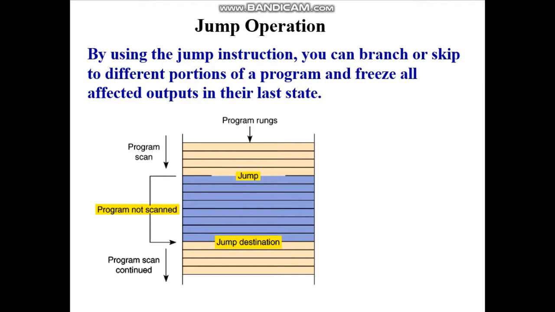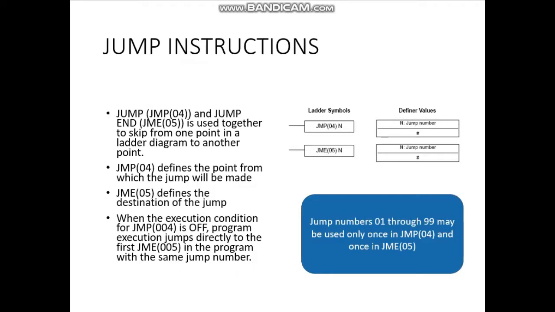This is different from MCR, because in MCR once you turn that off, the output state will go straight away to off for all the OUT and OUT NOT, the counter will stop counting, the timer will be reset, and so on. So the outputs will reset, in interlock. But with jump you can freeze all affected outputs.